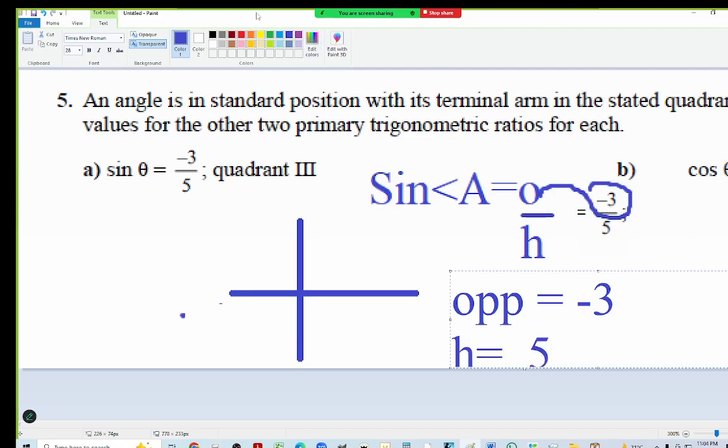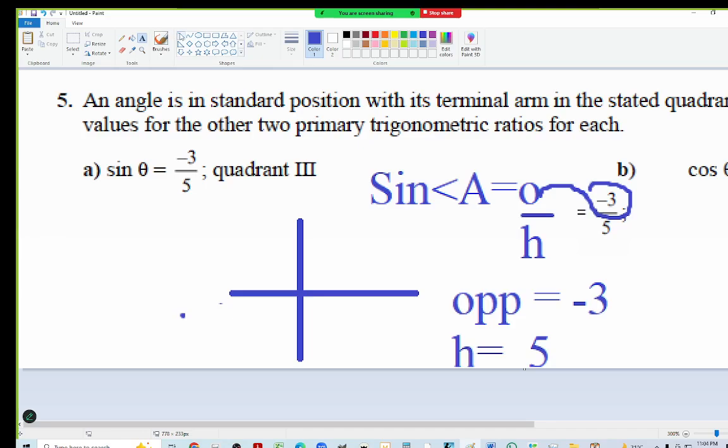Now let's draw a triangle because we need to figure out what the other missing side is. We know we're in quadrant 3. The angle is always here that we're interested in. The opposite is over here, the hypotenuse is here.